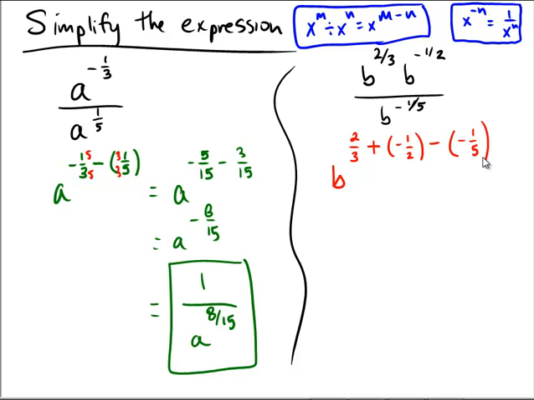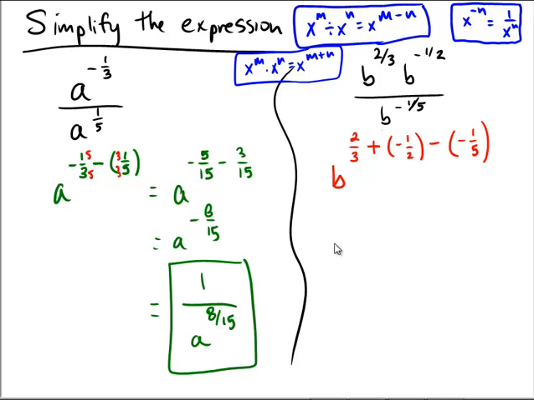So 2/3 plus negative 1/2, multiplying in the top, so those add. Subtraction, because when we're dividing, that's going to be a subtraction rule. So I guess I should write up the multiplication rule too. Didn't realize it was in here. x to the m times x to the n equals x to the m plus n. Again, the justifications for these are in another video, so you can look through the playlist to find those.